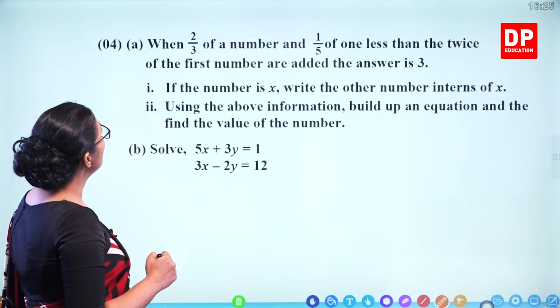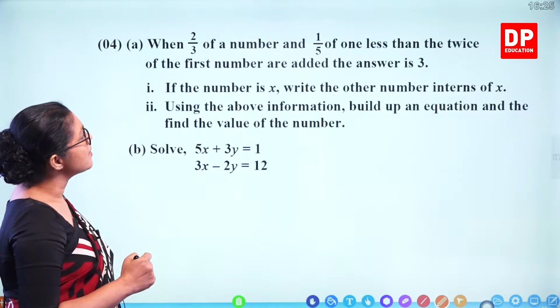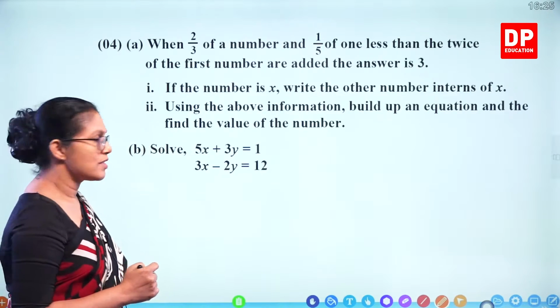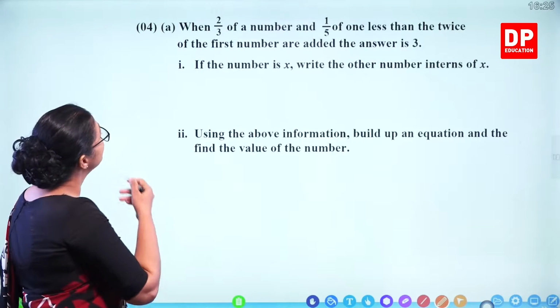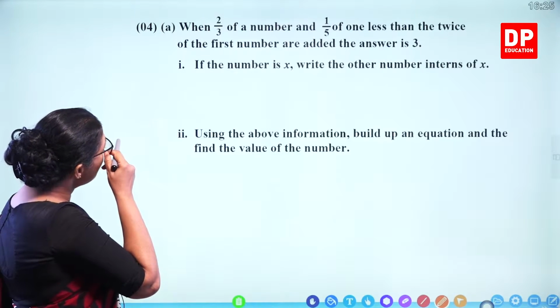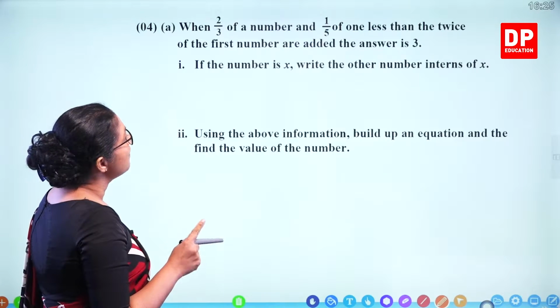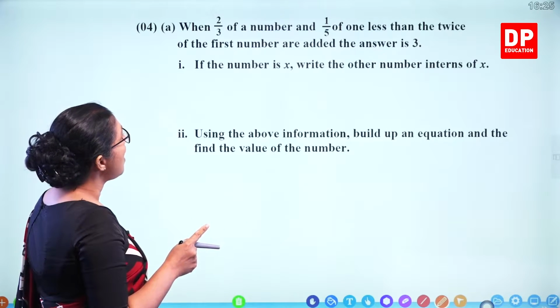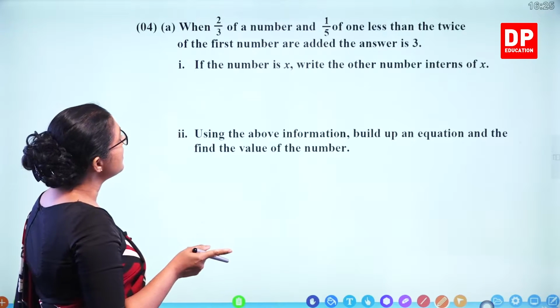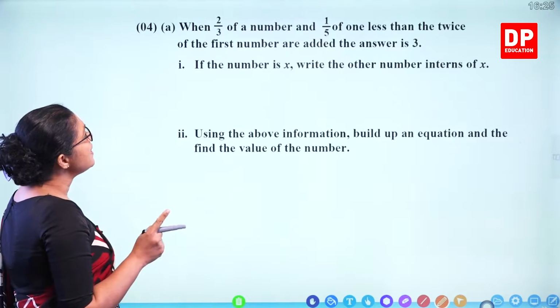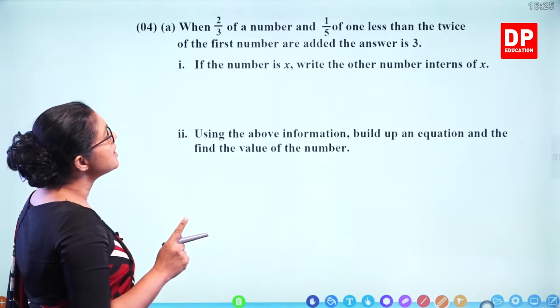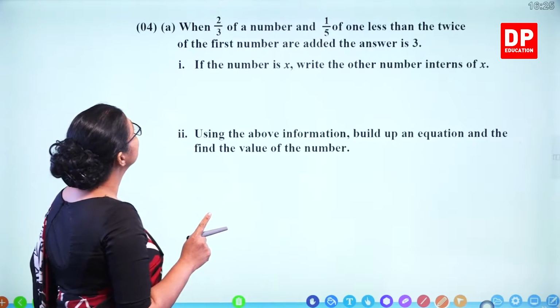Question number 4, you get 2 parts. This is about equations. So we'll do it. When 2/3 of a number and 1/5 of one less than the twice of the first number are added, the answer is 3. If the number is x, write the other number in terms of x.